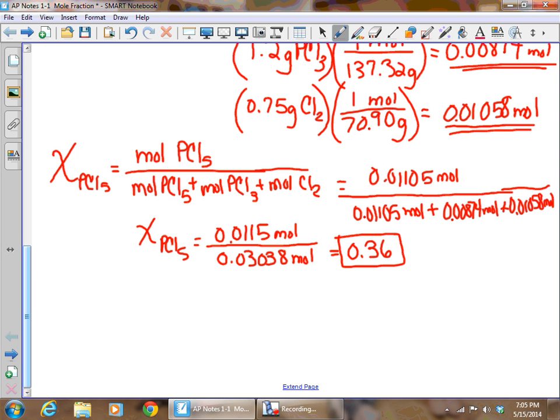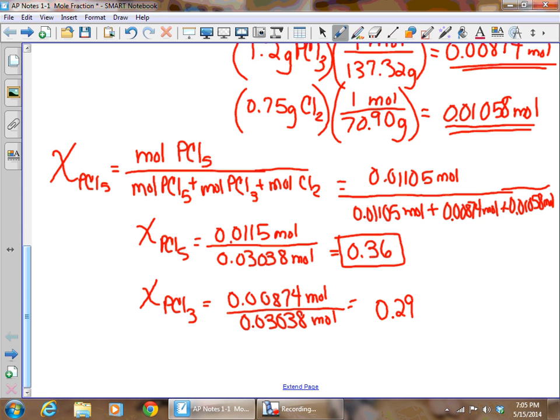Now for the rest of the mole fractions, since I already know the total on the bottom, that's not going to change. So all I'm going to need to change to get the rest of the mole fractions is simply the top number. So when I look at the mole fraction of PCl3, that is simply going to be our 0.00874 moles of PCl3 divided by the total, 0.03038 moles. And I get a mole fraction for PCl3, phosphorus trichloride, of 0.29.